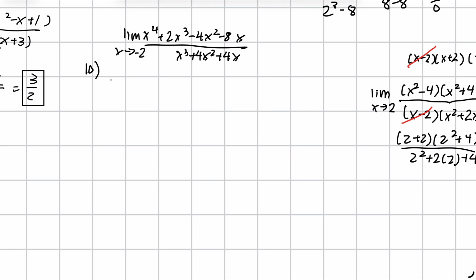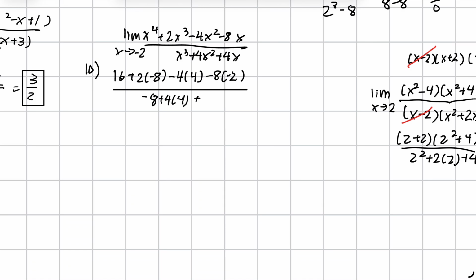So direct substitution, we get 16 plus 2 times negative 8, minus 4 times 4, minus 8 times negative 2, divided by negative 8 plus 4 times 4, plus 4 times negative 2. That is going to simplify to 16 minus 16 plus 16, all over negative 8 plus 16 minus 8, 0 over 0. So that's indeterminate.